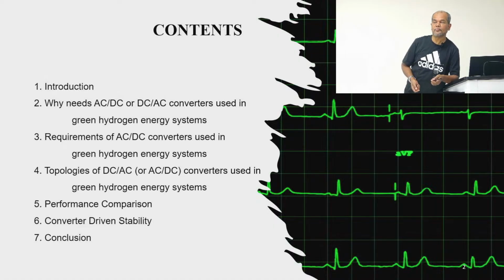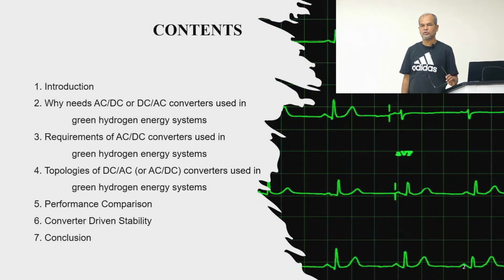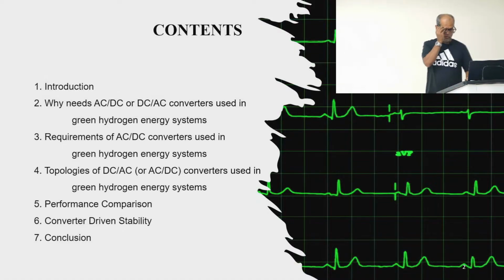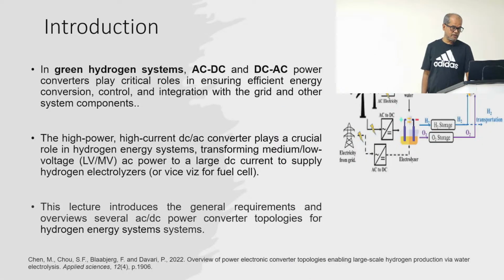Unless you know the exact reason why your system is unstable, you won't be able to design a control that will help to make the system stable. I believe you might already have some knowledge of it, but we're just going to touch on it, if I find time.